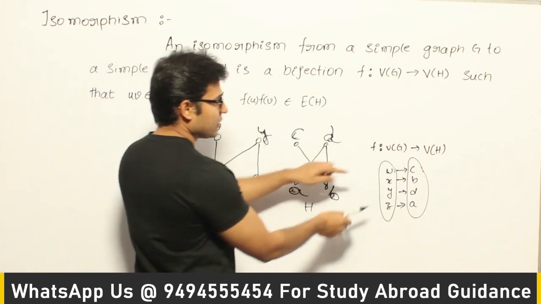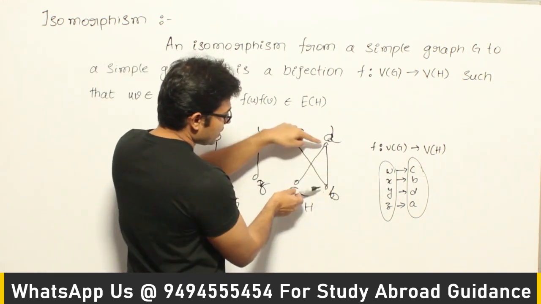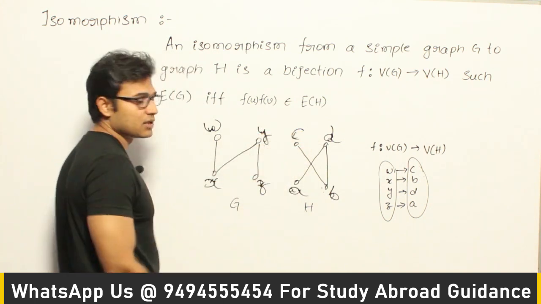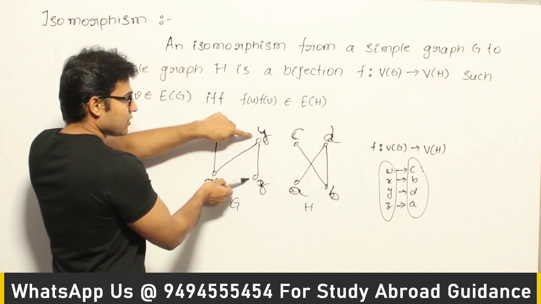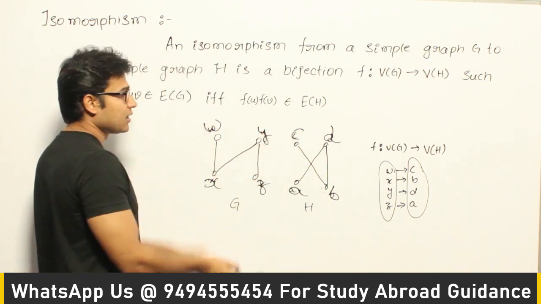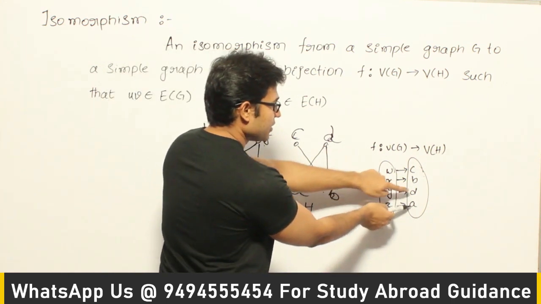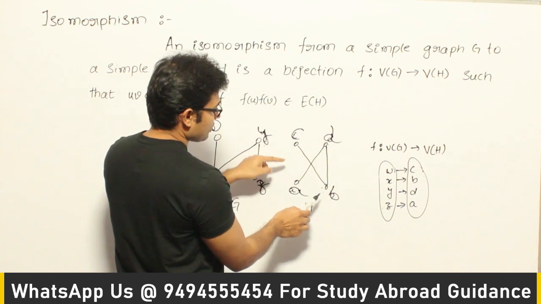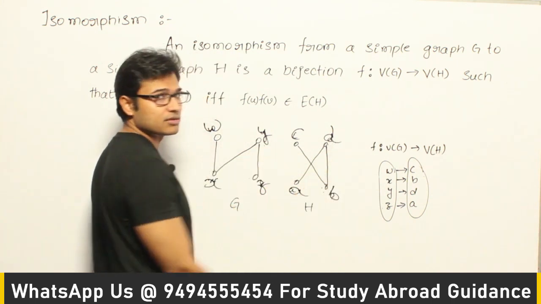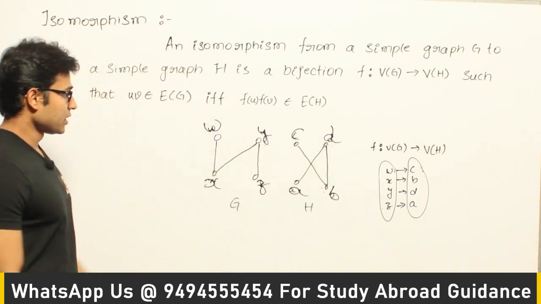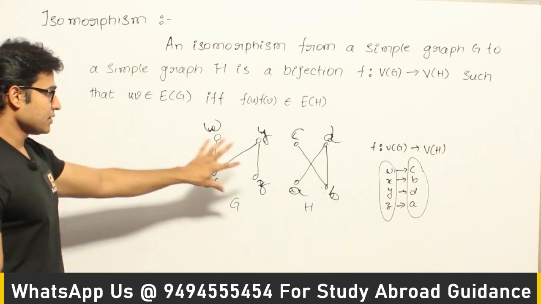Now what are X and Y? B and D. Now B and D are adjacent here, and similarly Y and Z are adjacent here, right? Y and Z adjacent, so D and A. Now where are D and A? These are adjacent, right?